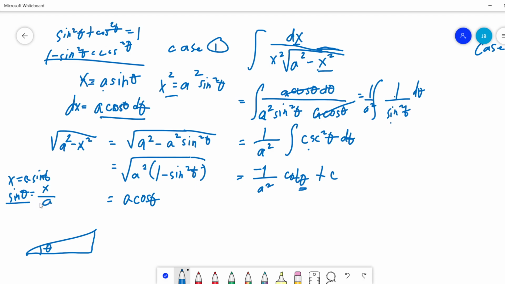Remember SOHCAHTOA, that's opposite over hypotenuse. So the opposite side of theta is x, and the hypotenuse is a. Therefore, by the Pythagorean theorem, the adjacent side is the square root of a squared minus x squared.